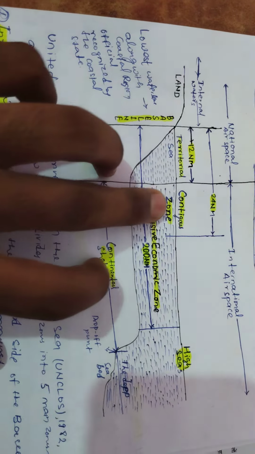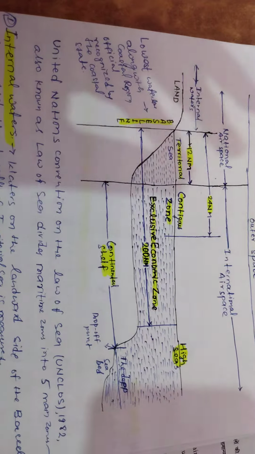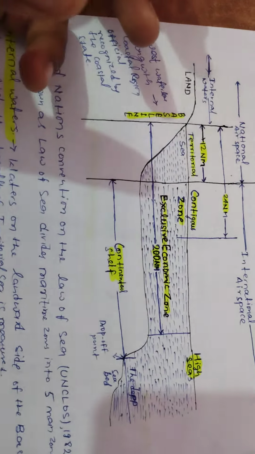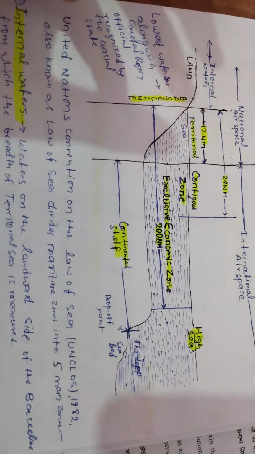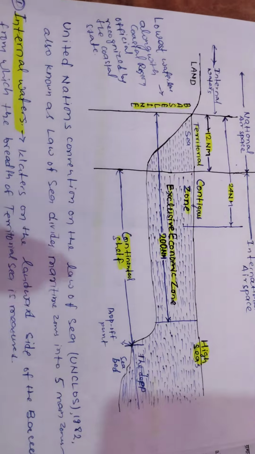So this is the continental shelf and this is the contiguous zone. You can draw the difference on the basis of distance, on the basis of the situation, and on the basis of the rights and duties of the coastal states related to the contiguous zone and continental shelf.